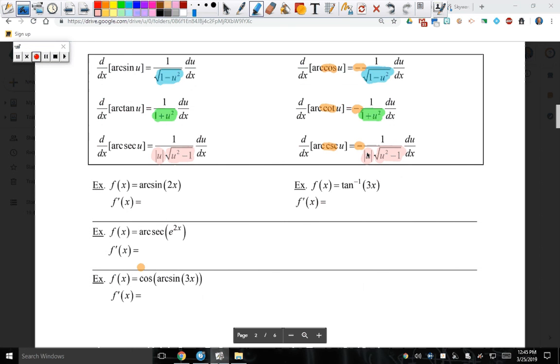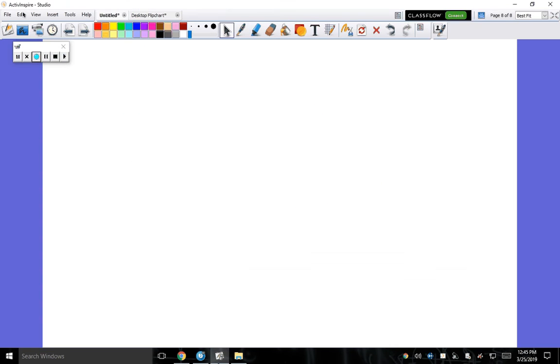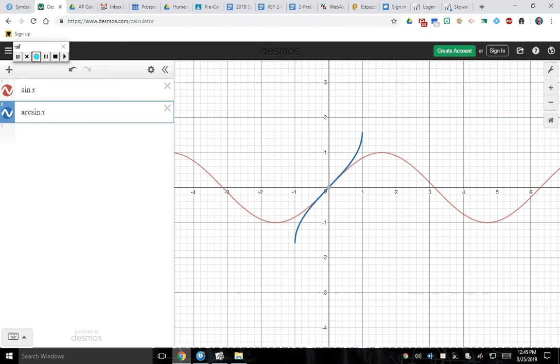A good way to remember that these will always be an absolute value, guys, is because of the derivative of arc secant. Can you go to the computer real quick, please? Arc secant and arc cosecant, we're going to look at those graphs real quick. So let's do arc secant and arc cosecant.